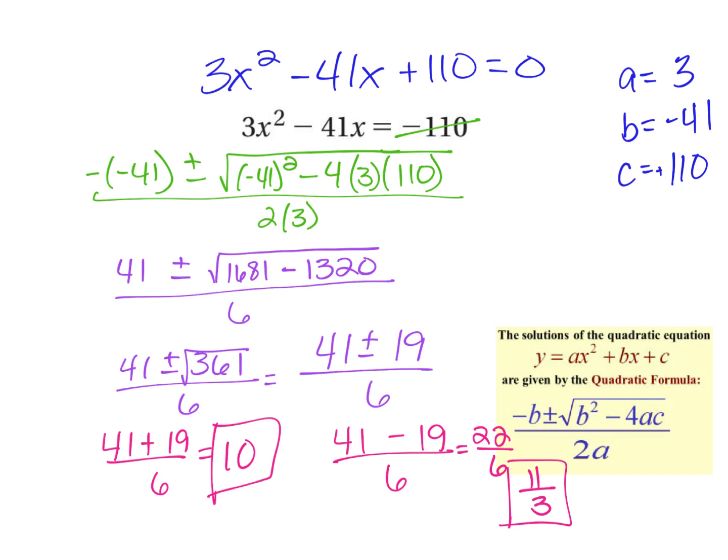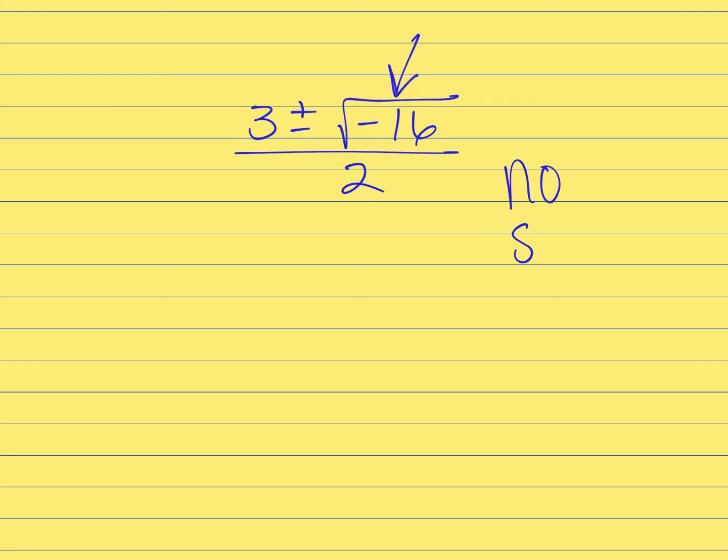Now I am going to talk to you about one more thing. Let's say you're solving, everything's all fine and dandy, and you get here. Let's say you have 3 plus or minus the square root of negative 16 over 2. Making this up. Anytime you have a negative under this radical, you are going to say no solution.